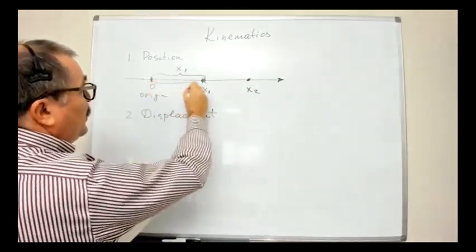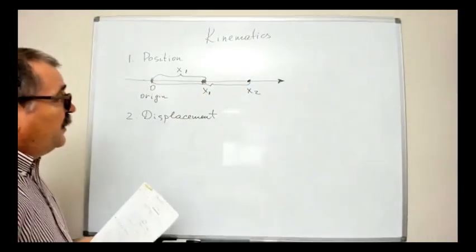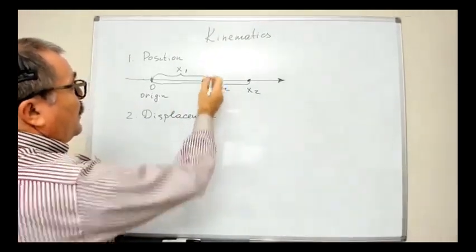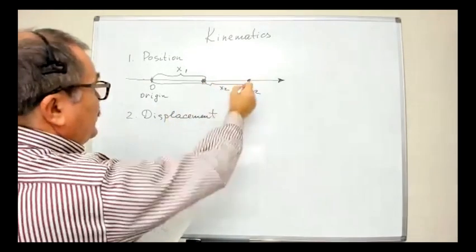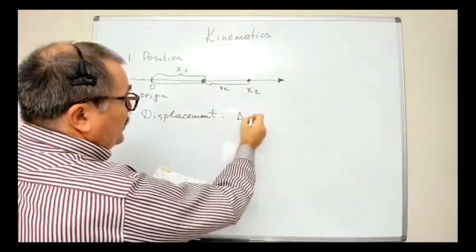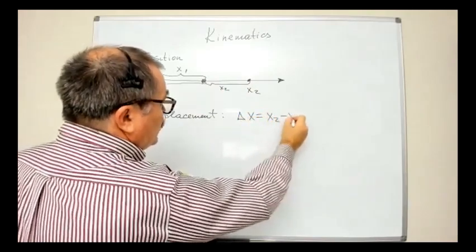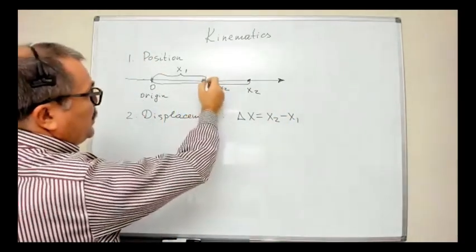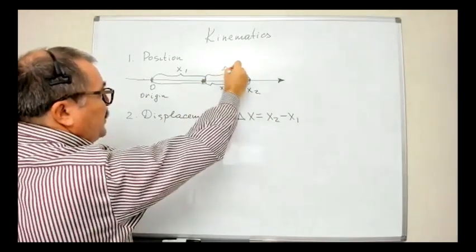So this is x2. That's another position after displacement. So the displacement definition, we can write it as delta x. It's the difference between x2 minus x1. Right. So the displacement on this plot is this segment. That's the delta x.